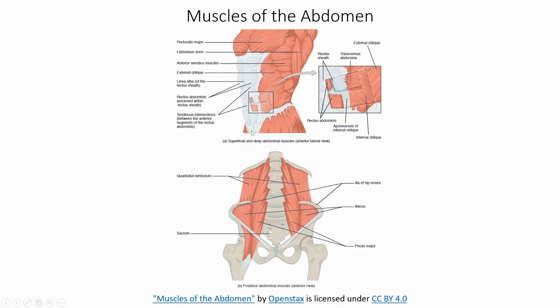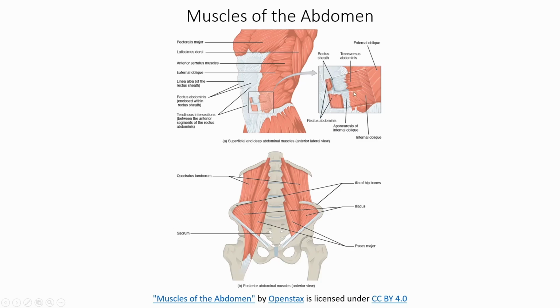Everything here in white, up in here kind of in the front, is called the linea alba, alba meaning white. This is just the sheath that's kind of covering the muscles underneath, namely the rectus abdominis. If we go deeper, right, so we're cutting away part of the external oblique, we cut away some of the linea alba, we reveal the rectus abdominis, so those ones are running straight up and down.